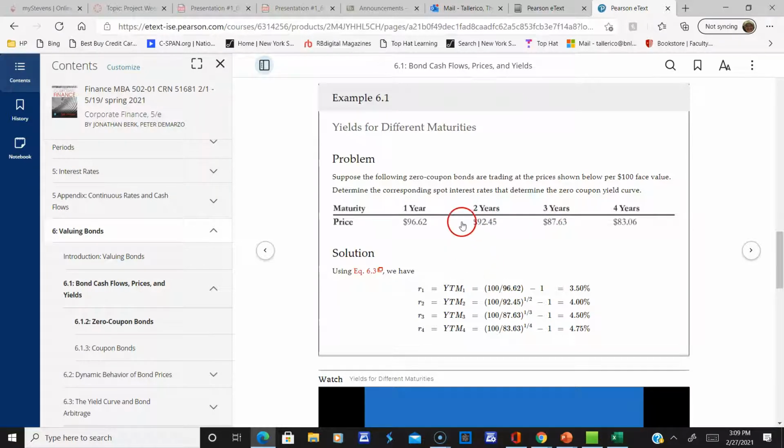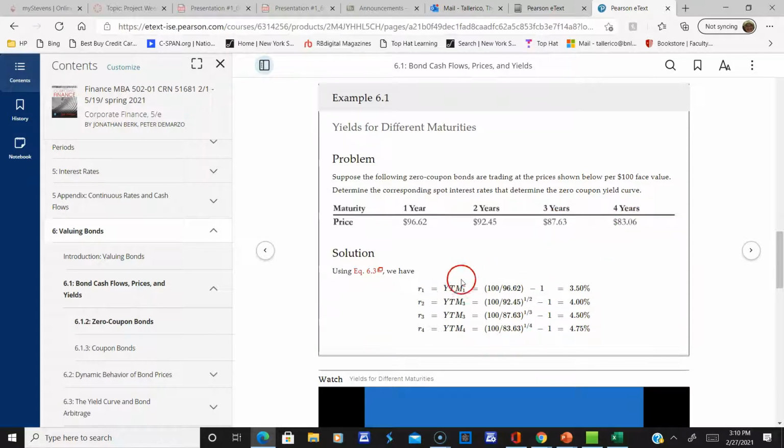So here's an example. I think I went over something like this before. Here are yields for different maturities, and you can see as you go out in time, you can determine the spot interest rates that determine the zero coupon yield curve. So this is year one, this is year two, this is the annual rate, this is year three, and this is year four.